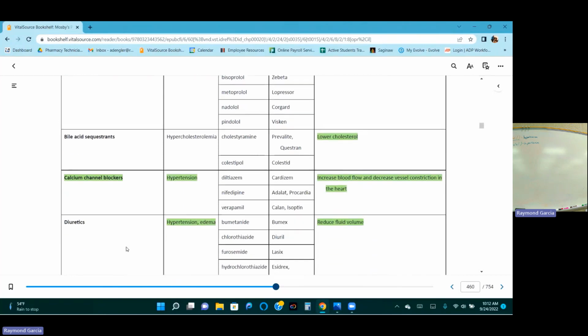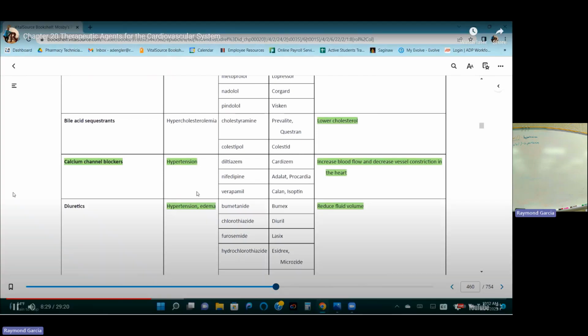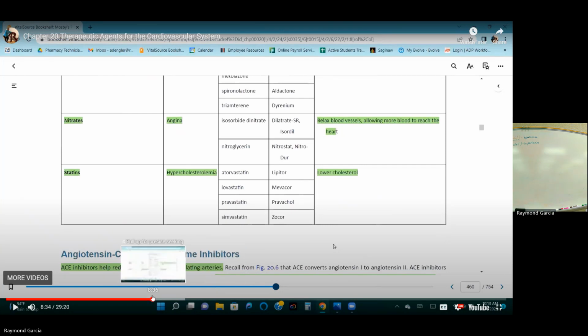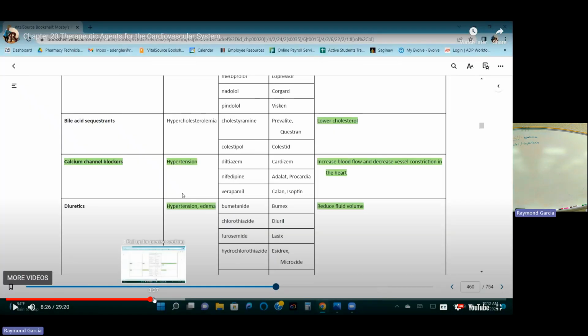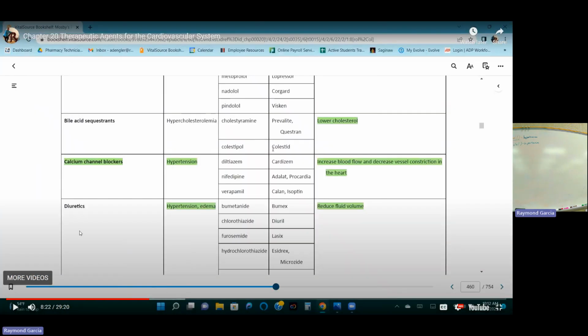Then bile acid sequestrants. They lower cholesterol. We have Prevalite, Questran, Colestid. We have calcium channel blockers for hypertension, diuretics for hypertension and edema that reduce fluid volume. There's not really any way to remember calcium channel blockers, but they do treat hypertension and it's for increased blood flow and decreased vessel constriction in the heart.